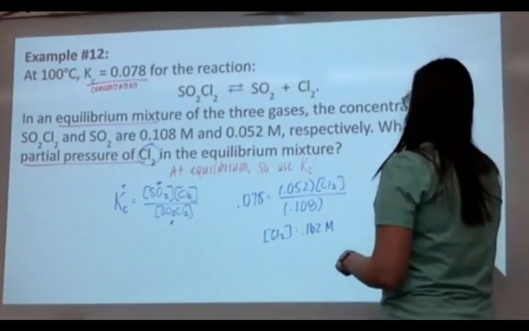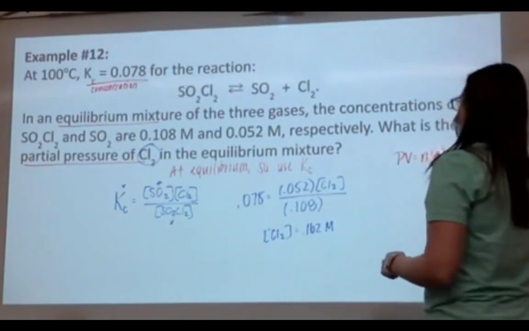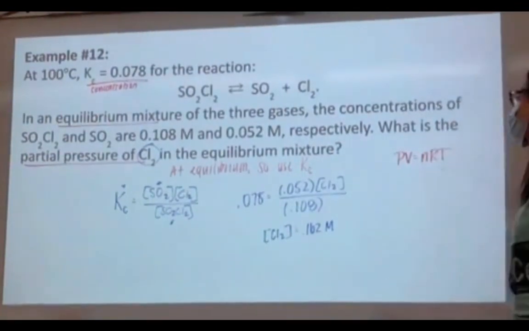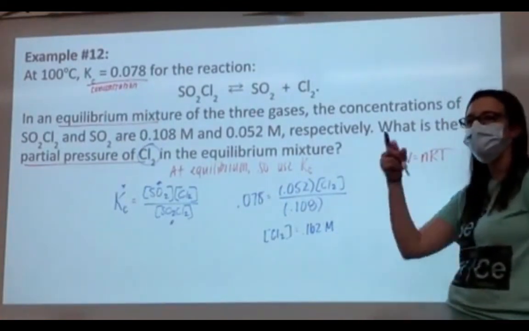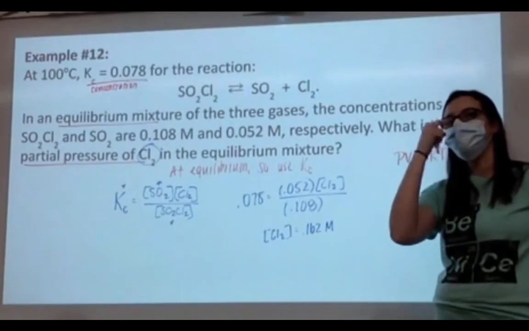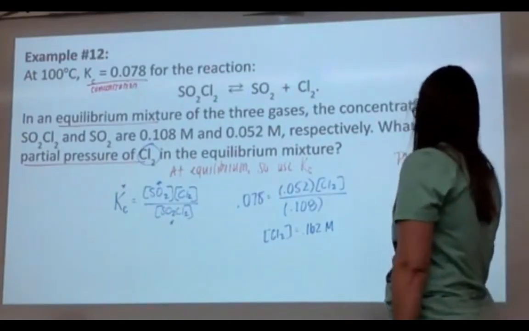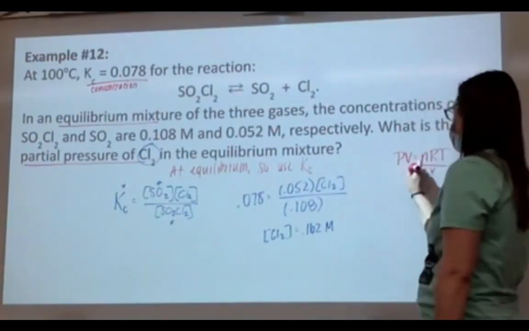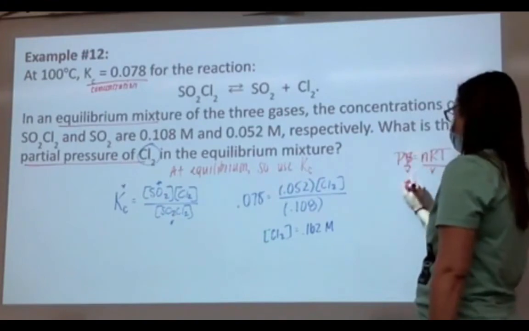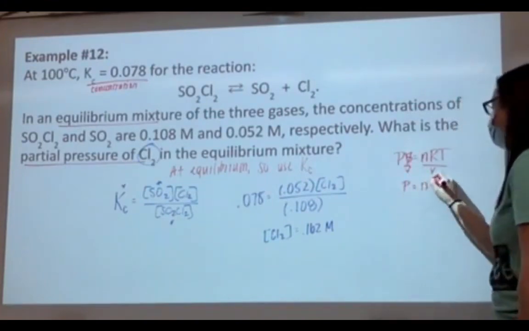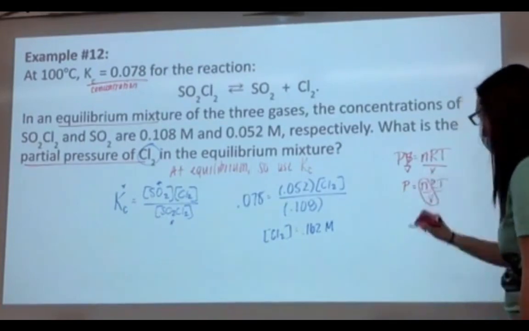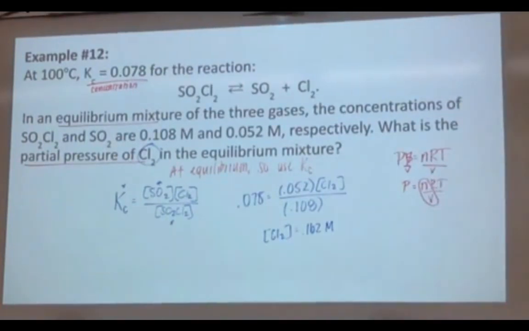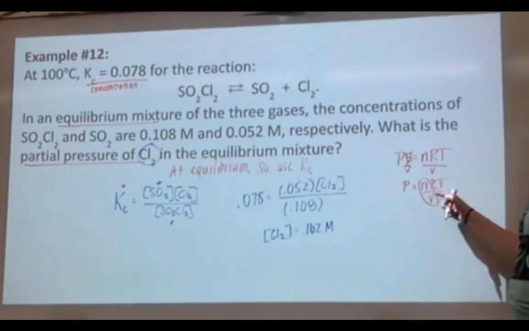Look at the ideal gas law. PV equals nRT is the ideal gas law. What are the units for molarity? Like how do you calculate molarity, what over what? Moles over liters. So if I solve this for pressure, look at this, nRT over V. n is moles, V is liters. n over V is molarity.